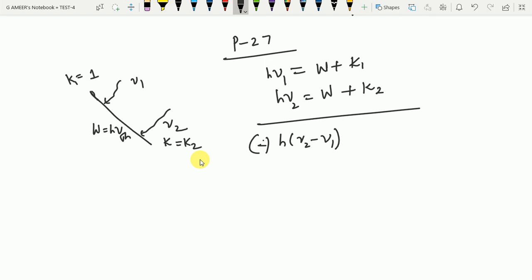When we subtract, the work function goes away. So K2 minus K1, that is also a wrong option. So what we'll do here? We need to determine the work function, no? So we do one thing here.